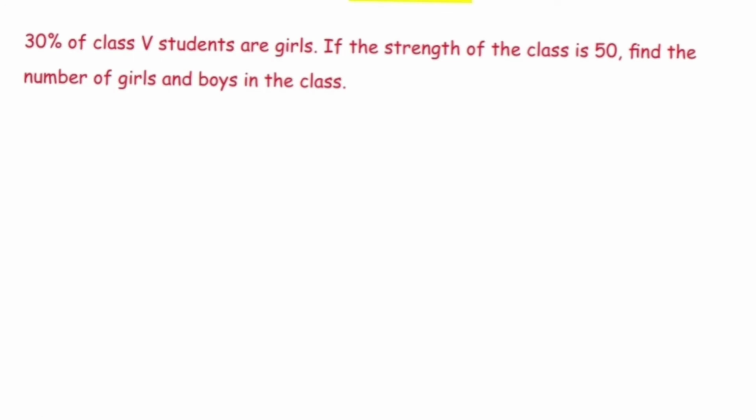Here's another question. 30% of class 5 students are girls. If the strength of the class is 50, find the number of girls and boys in the class. All right. So what's given? They said you can find number of girls. They didn't give you the number of girls, but they've given you the percentage. So when they give you the percent and the total number, you can easily find the number of girls.